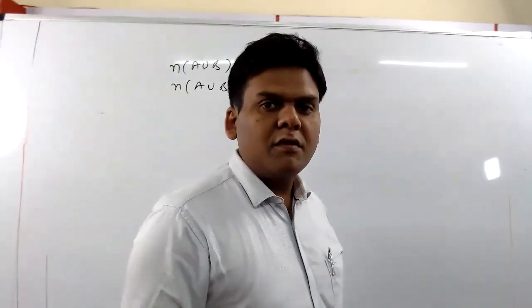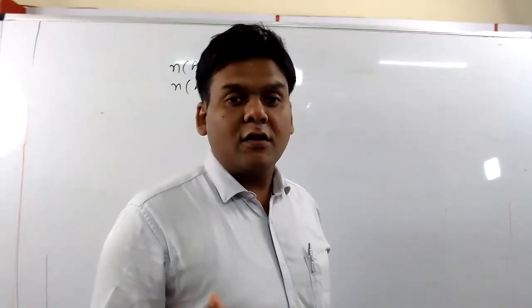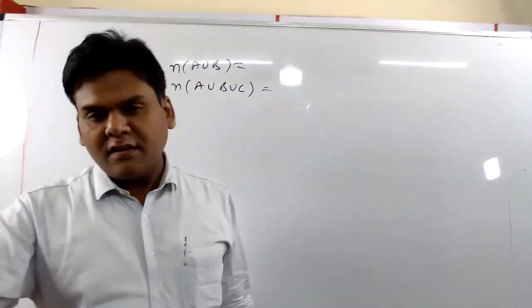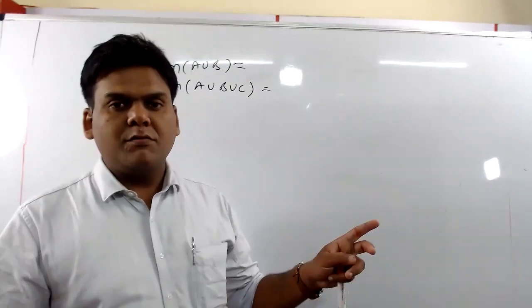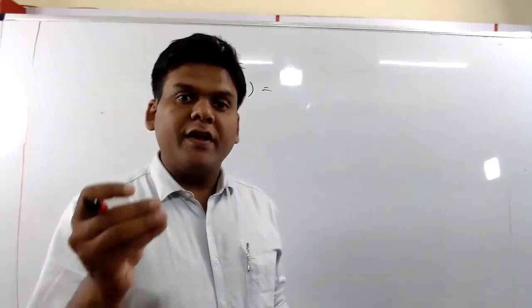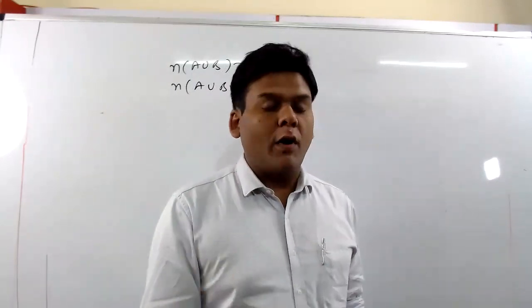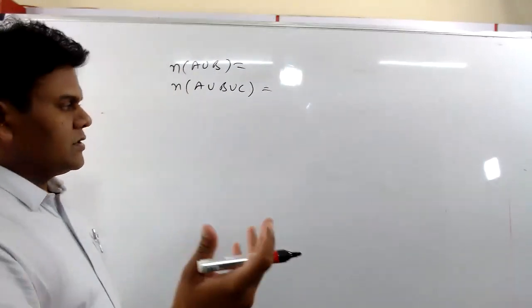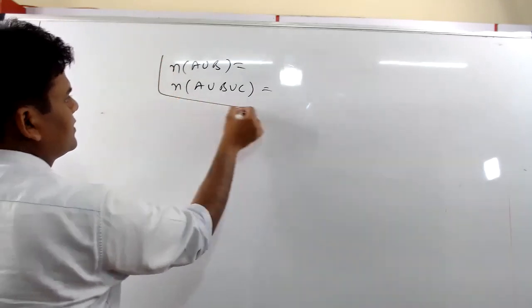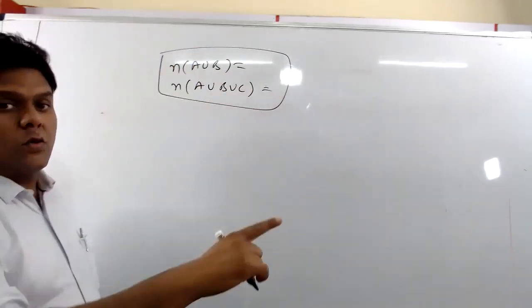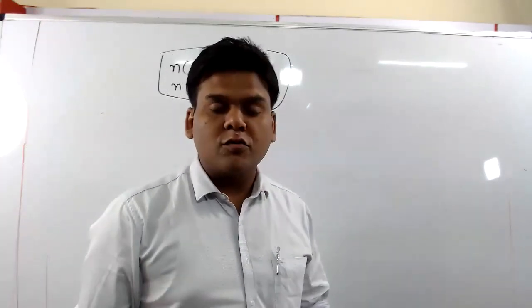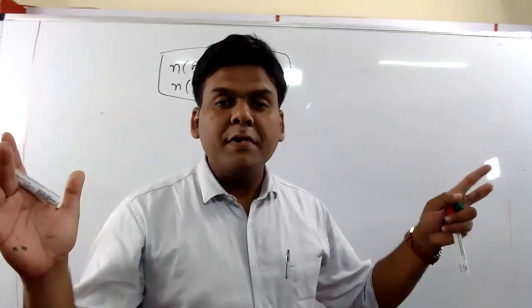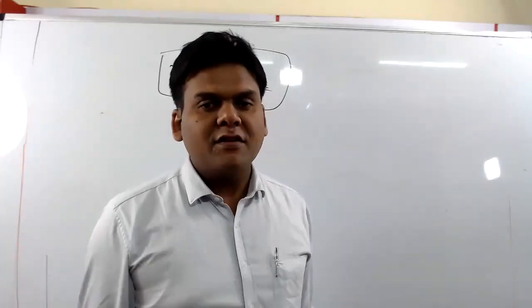We'll talk about the methodologies to understand the concepts related to 4 sets in the next video. Today we'll focus on 3, and that too very specific, unique questions related to 3 sets. To understand it, these two formulas are a prerequisite. So I would suggest all of you to go through my last video of basic fundamental concepts of set theory.